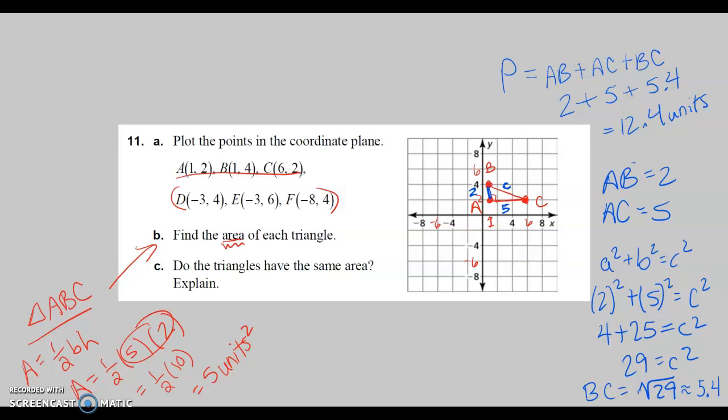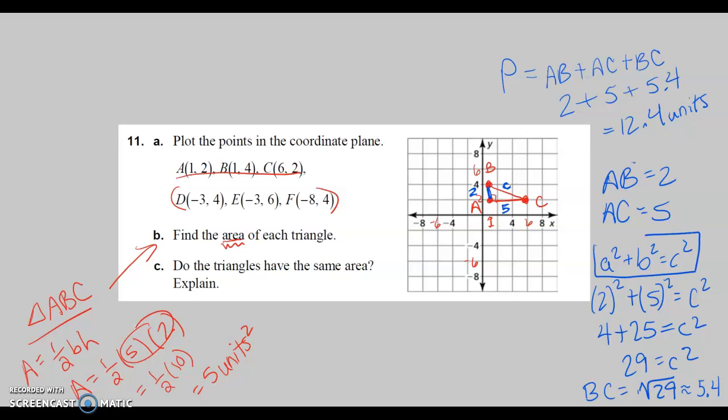Okay, and there's a much longer process for that. You could still get it right. You would be able to use the distance formula to find the distance between B and C, and that would also come out to 5.4, because the distance formula is actually derived from the Pythagorean theorem.